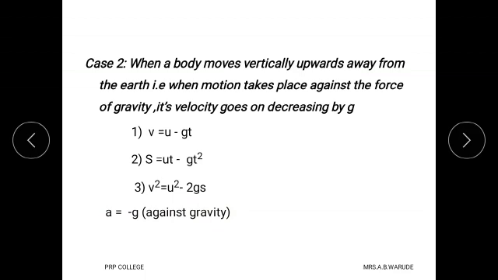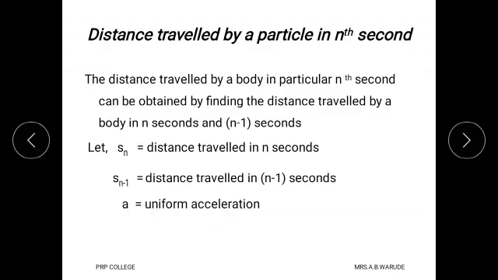These are the equations of motion when motion is under gravity. Then we find the distance travelled by a particle in nth second. For finding this distance, first we have to find the distance travelled by a particle in n seconds and the distance travelled by a particle in n minus 1 seconds, and after that we find the distance travelled in nth second.